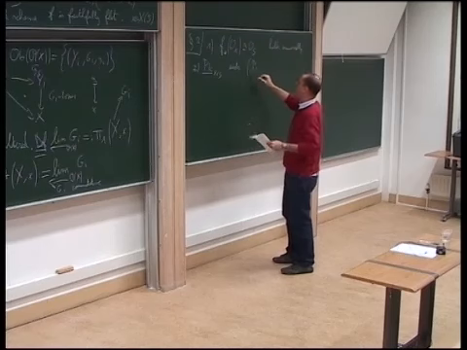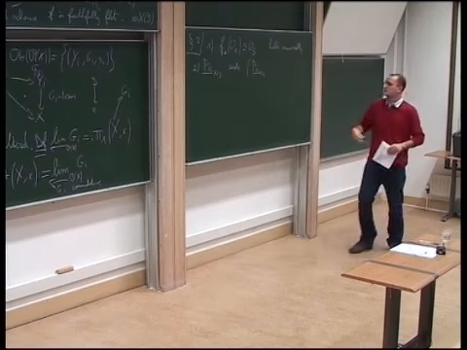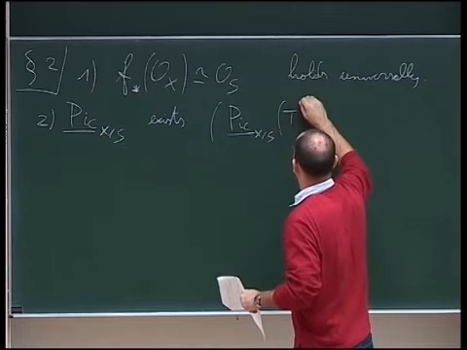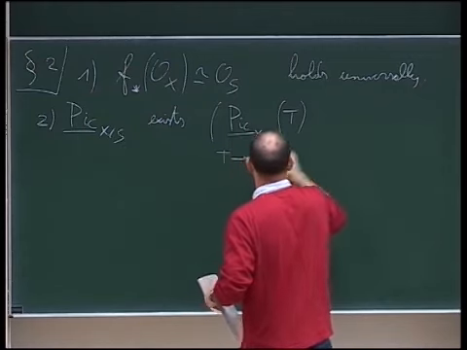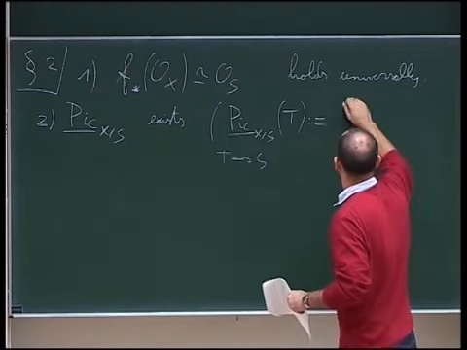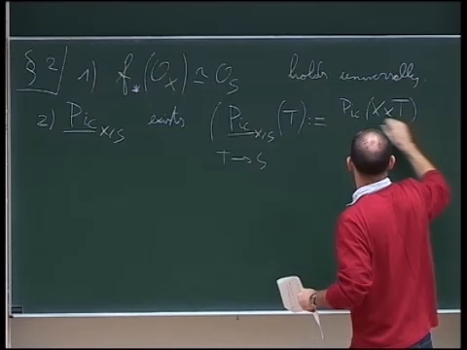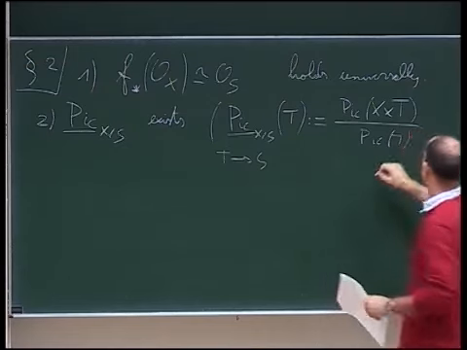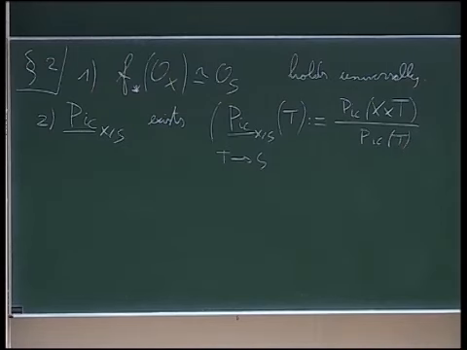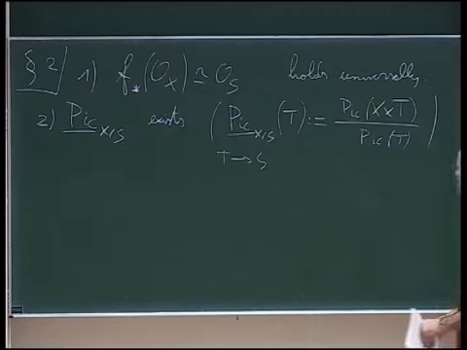So I don't define the Picard scheme, but in the case that I'm interested in, if we take an S-scheme T, this is just the Picard group of X times T, quotiented by the Picard group of T. So in this case, if it exists, we have a nice description.